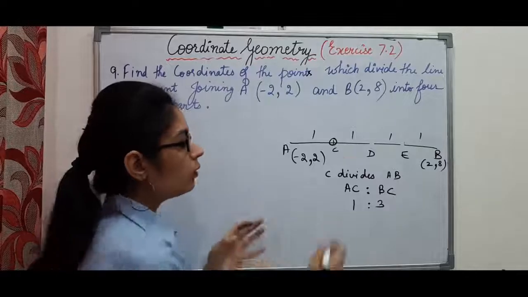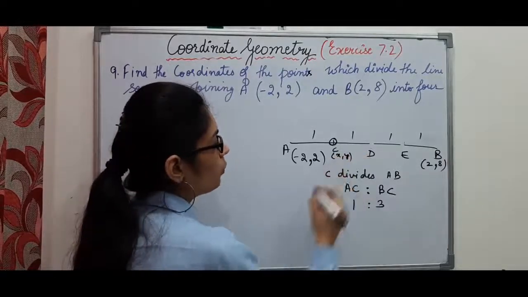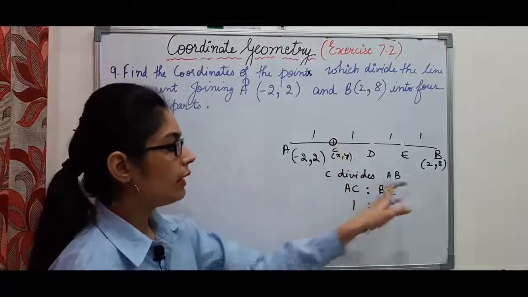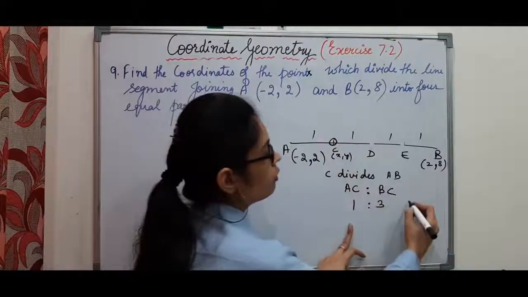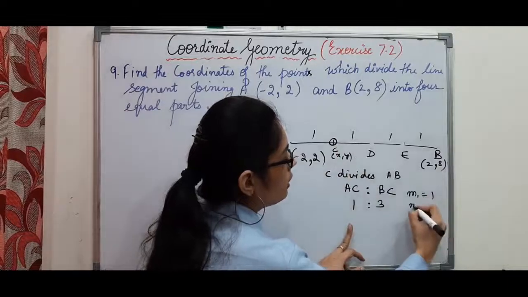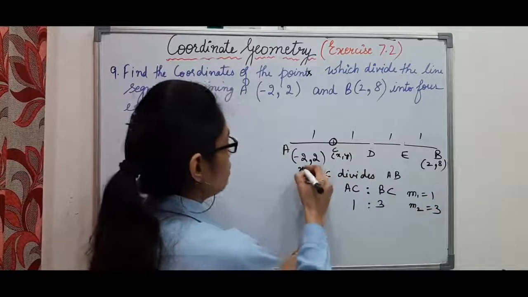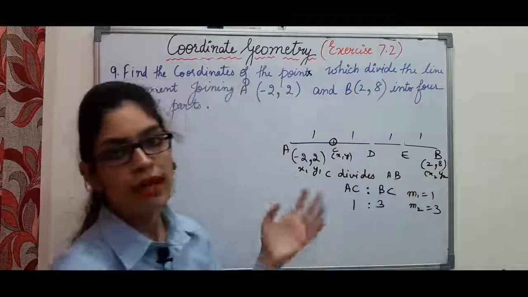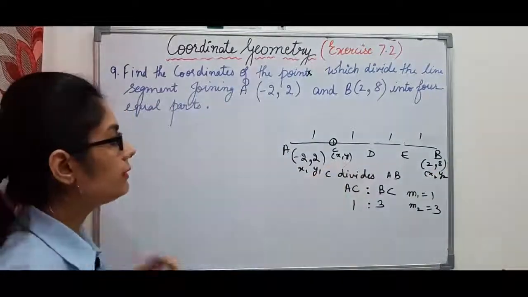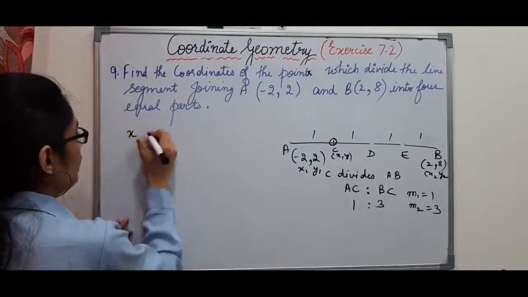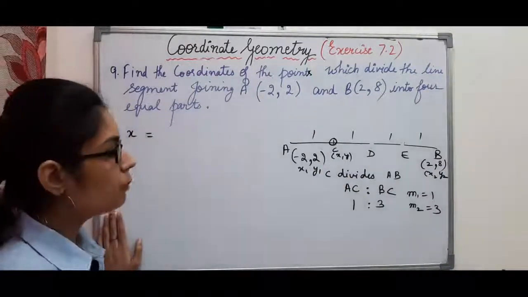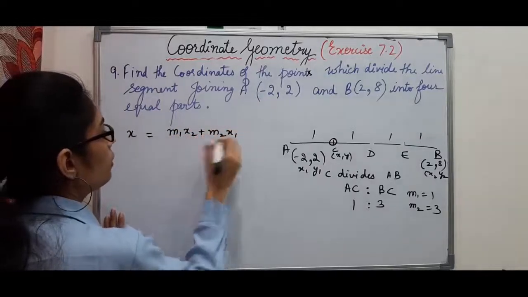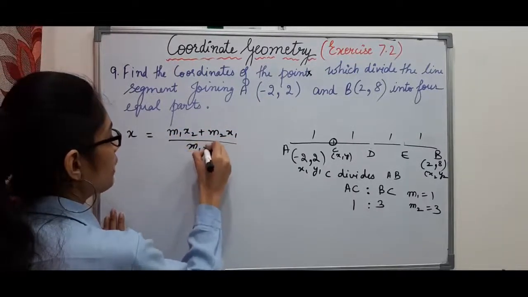Now let's find the coordinates, step by step. We have found the ratio in which point C is dividing the line AB, which is 1:3, which means m1 is 1, m2 is 3, this is x1 y1 and this is x2 y2. So let's find the coordinates of point C. We apply the section formula here, which is m1 x2 plus m2 x1 upon m1 plus m2.